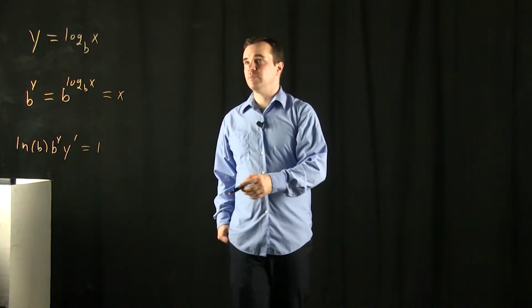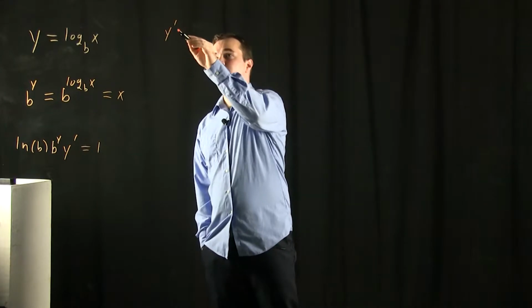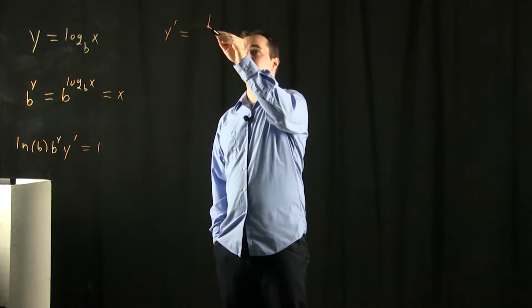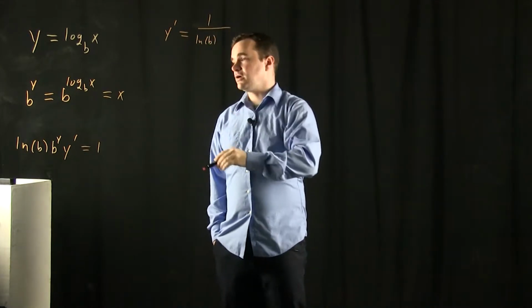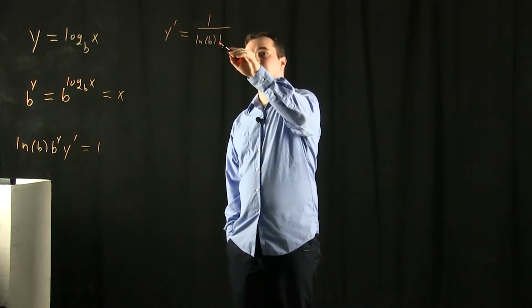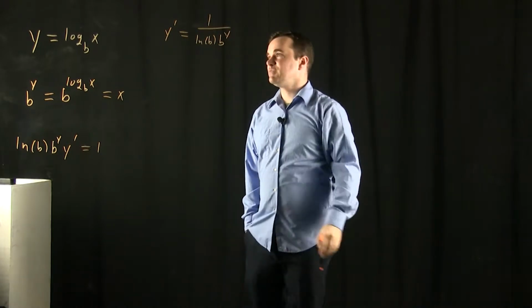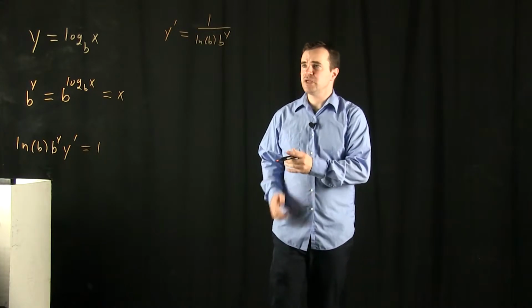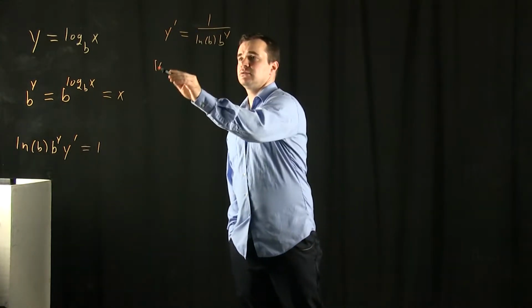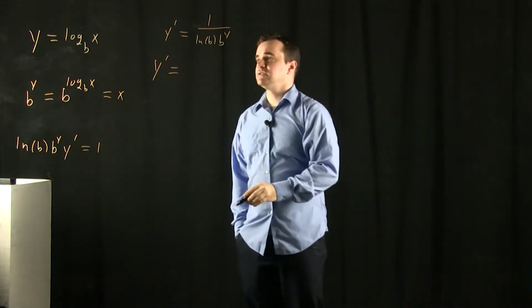So solving for y prime, we end up with 1 over natural log of b times b to the y. And as usual, we'd like to rewrite this in terms of x. And how can I do that?